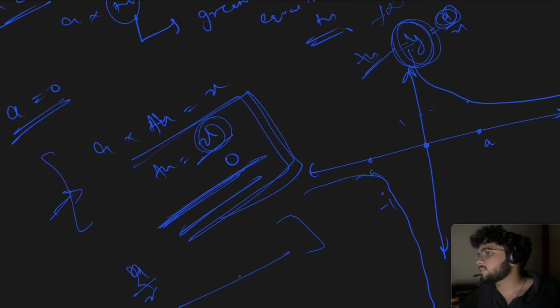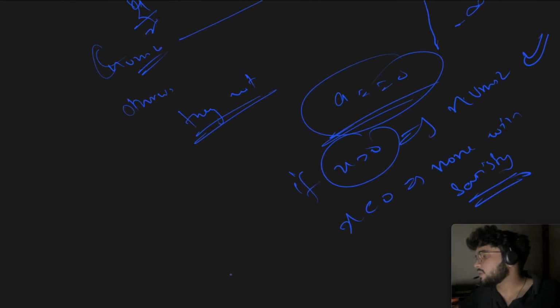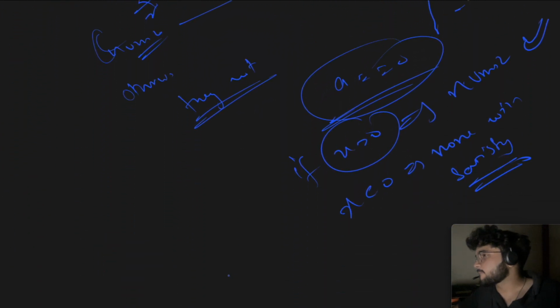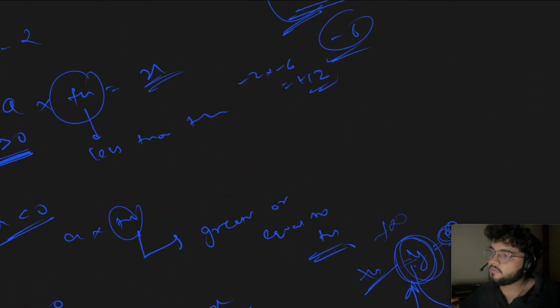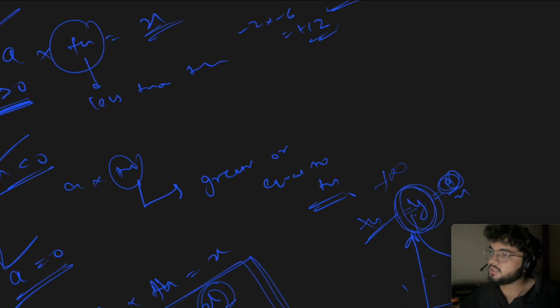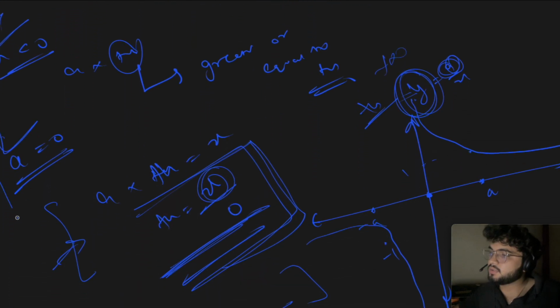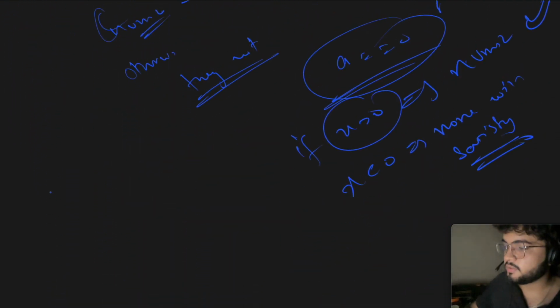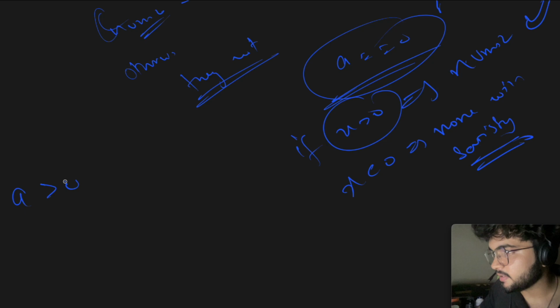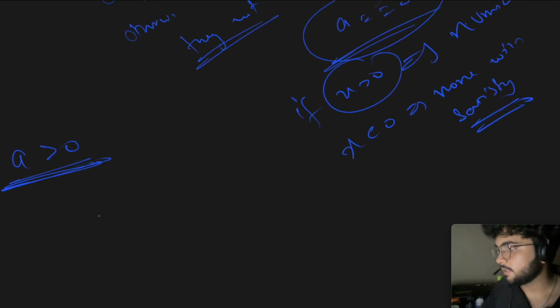Is this making sense? So we found threshold when a is greater than 0, threshold when a is less than 0, and when a is equal to 0.